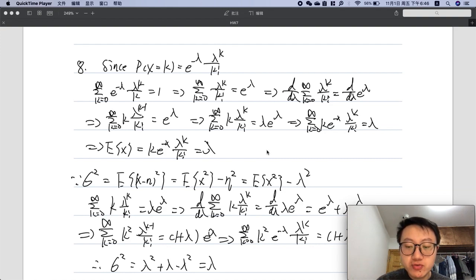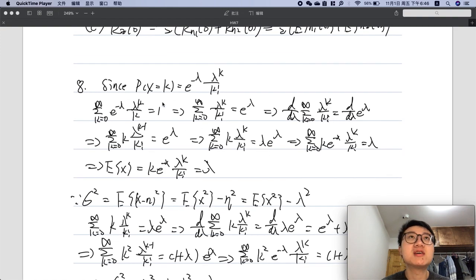First of all, we should find the expected value of this process. Since we know the process formula and the regular formula about the Poisson process like this, on this formula we do some differentiation many times with respect to the parameter lambda.